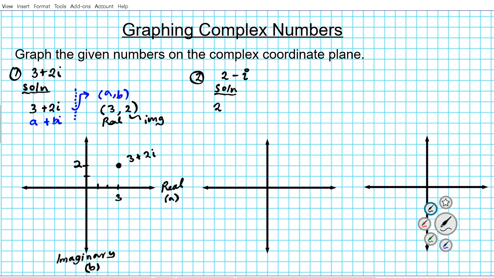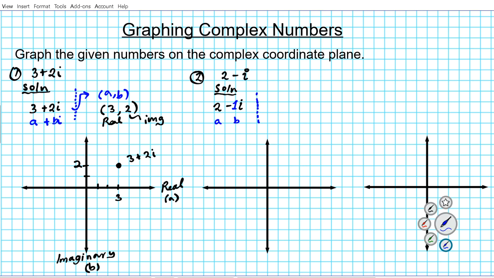So 2 minus i, if you notice, i does not have a coefficient, so it has the invisible coefficient, which is just 1. So in this particular scenario, our a is 2 and our b is going to be -1.